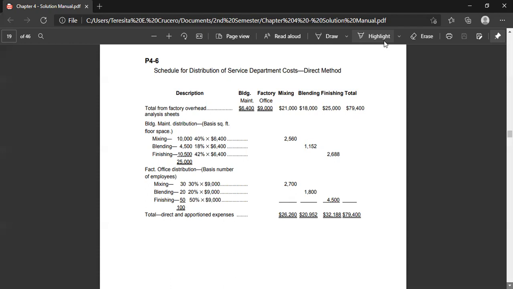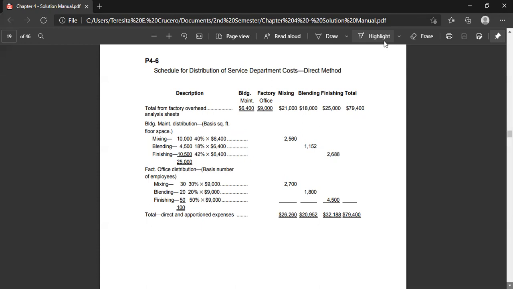Building maintenance on the basis of floor space occupied by the other departments as follows. Mixing 10,000 square feet, blending 4,500, finishing 10,500 square feet, and factory office 7,000 square feet.